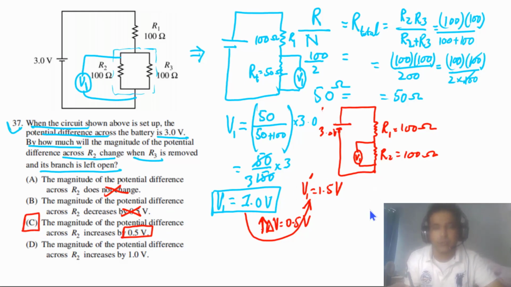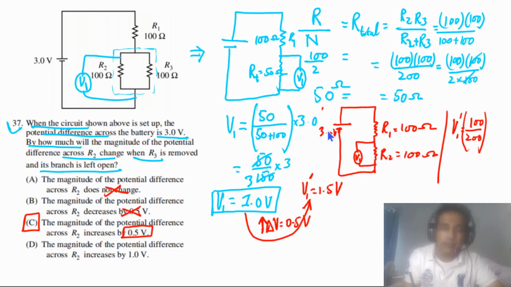This is how you can approach it, but if you want to use the formula to calculate, you can also do that. In this case V1 prime has to be equal to the resistance of this resistor, 100, divided by total resistance, 200, multiplied by the potential difference across these resistors, that is 3.0.